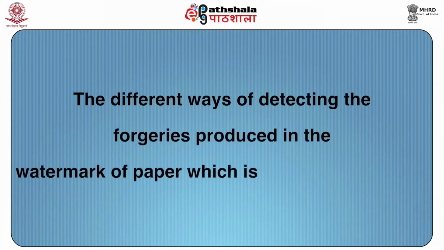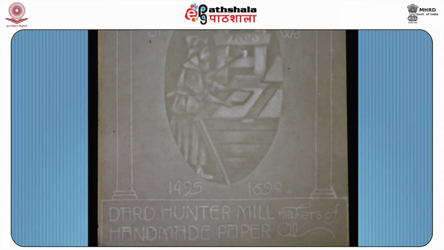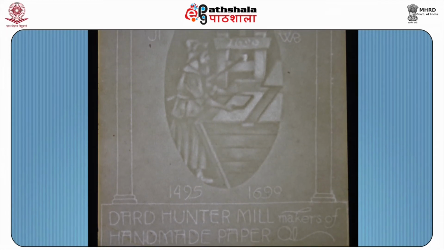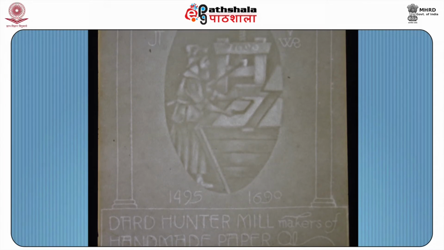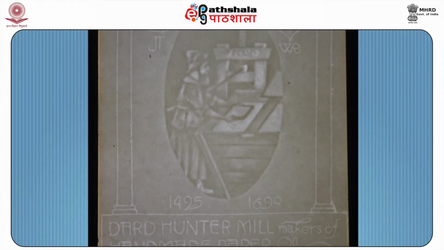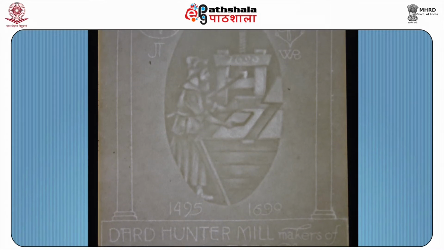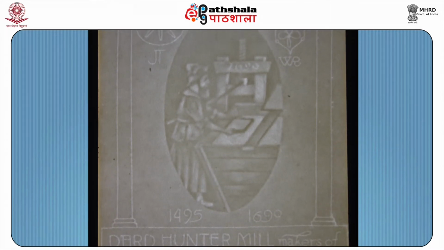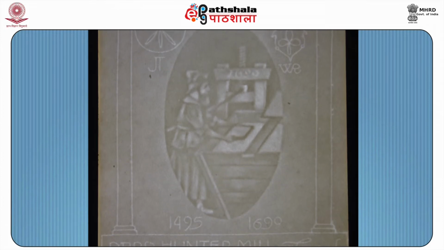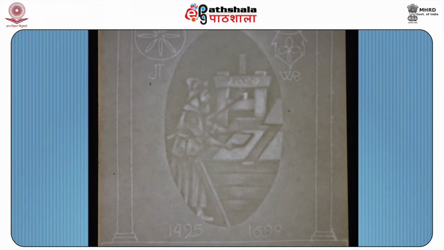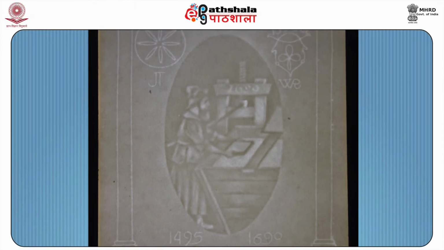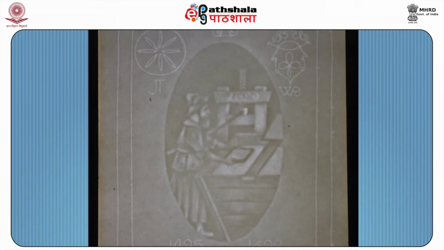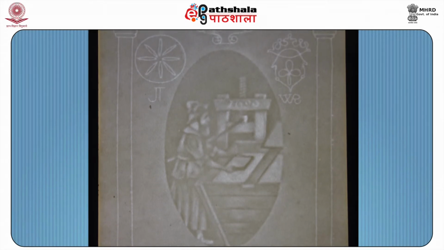The different ways of detecting forgery in the watermark of paper produced manually: the forgery can be detected by some of the marks produced by the mechanism of watermark production, like the laid marks, which are produced in more or less the same manner as the watermarks, but the difference is that the dandy roll is covered with wires at regular intervals.